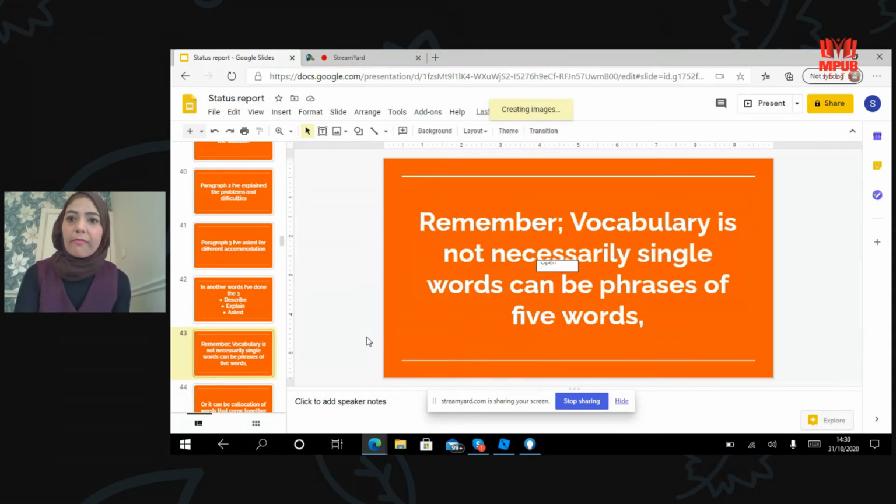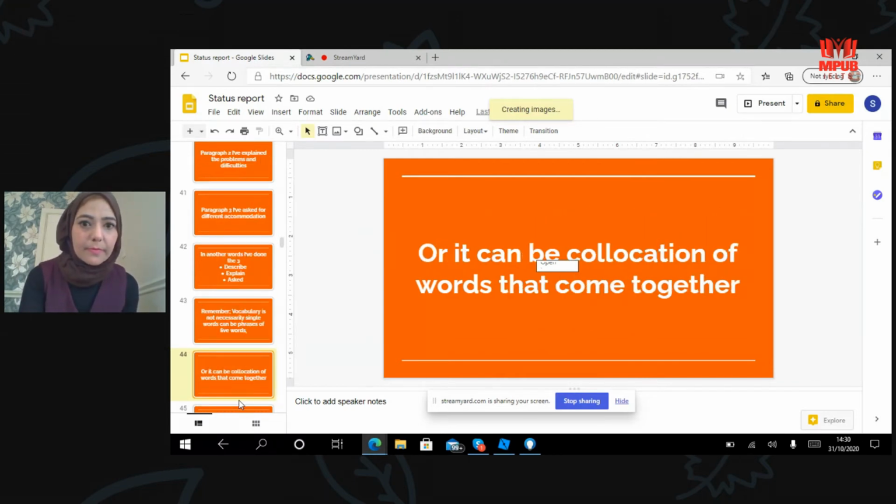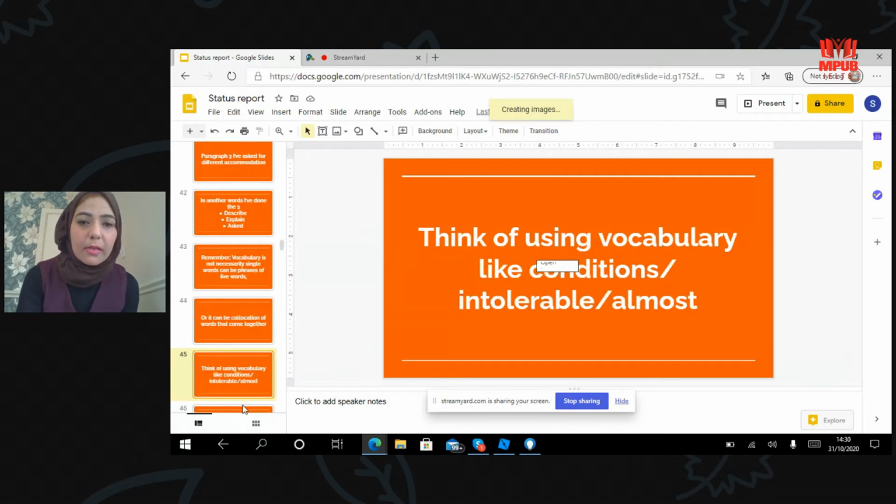Remember, your vocabulary is not necessarily single words. There can be phrases of up to 5 words, so you can use phrases or you can use single words. Or it can be a collocation of words that come together as well. Think of using vocabulary like conditions, intolerable, almost. So you've seen them in my letter.